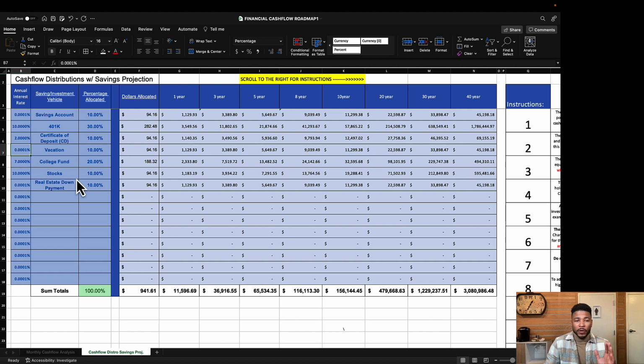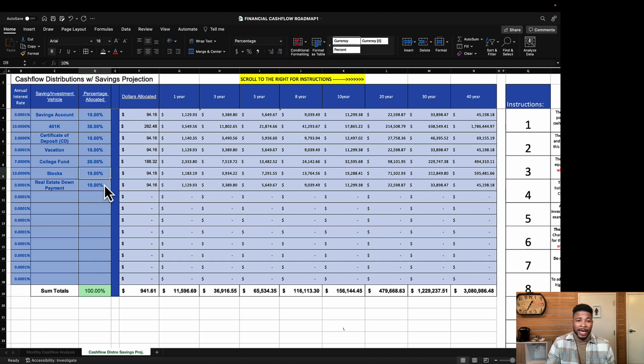Now, feel free to add any savings and investment vehicles that fit your investment strategy, and then see how that will play out month over month. If you invest $100, if you invest $20, if you invest $500. Remember, in order to change your dollars allocated, you need to change its percentage allocated.